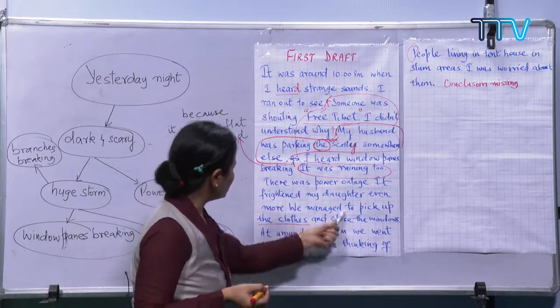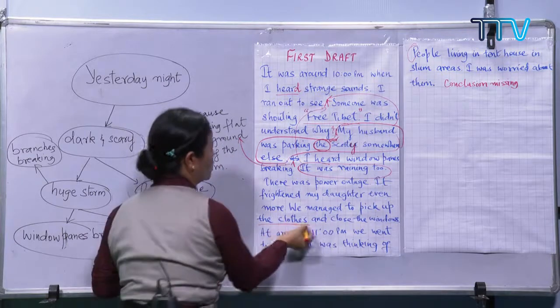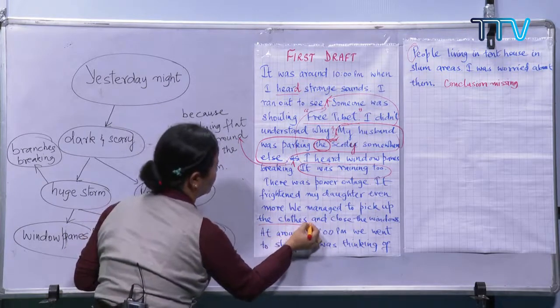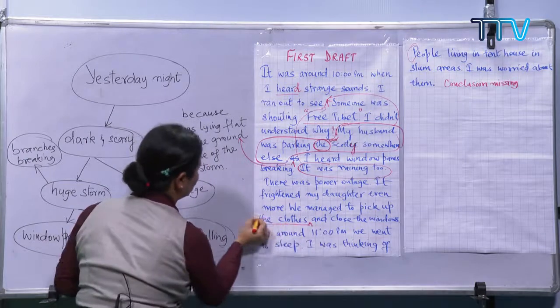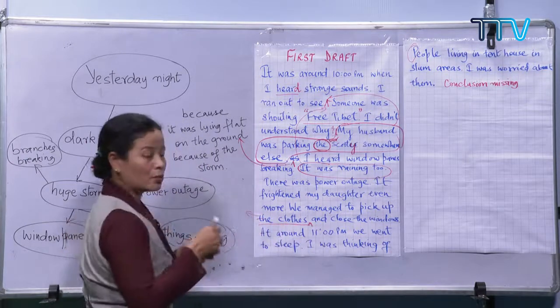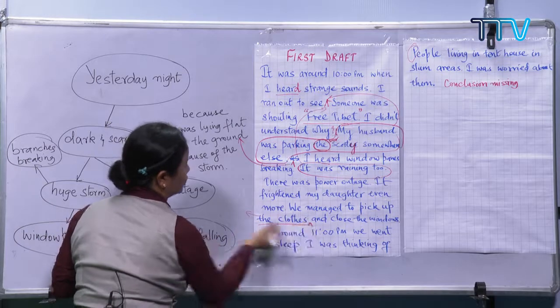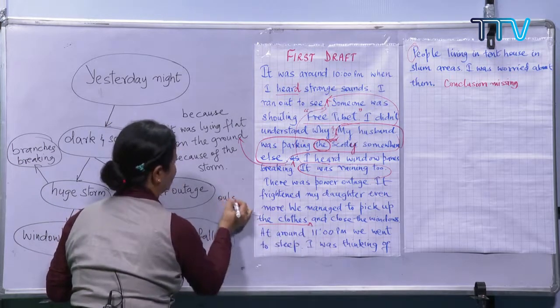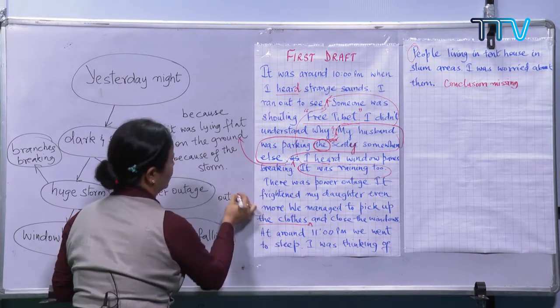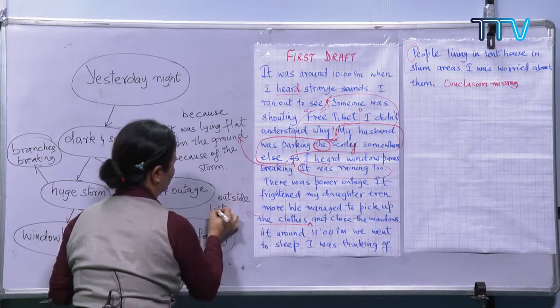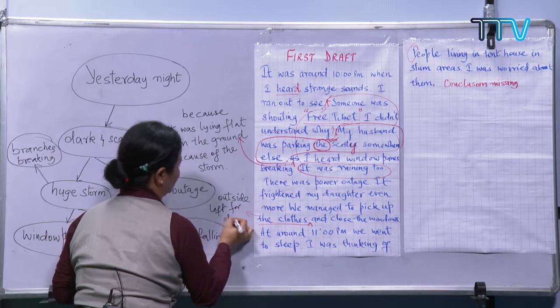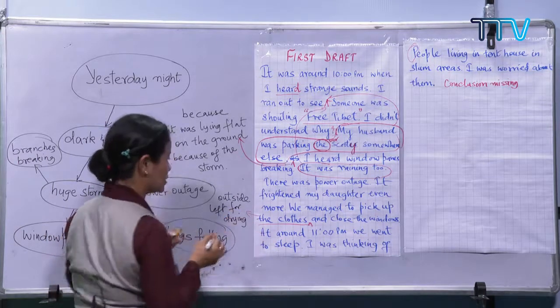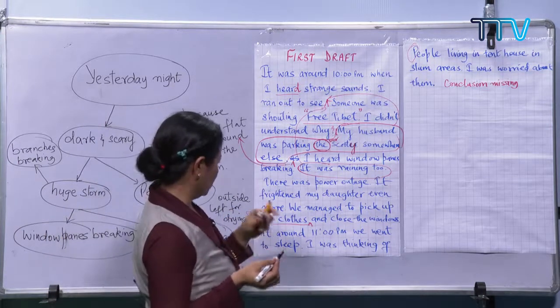So we managed to pick up the clothes. Which clothes? Okay, so we need to add something here. The clothes that were put outside for drying. Okay, pick up the clothes left outside for drying. We can add this, and close the windows.